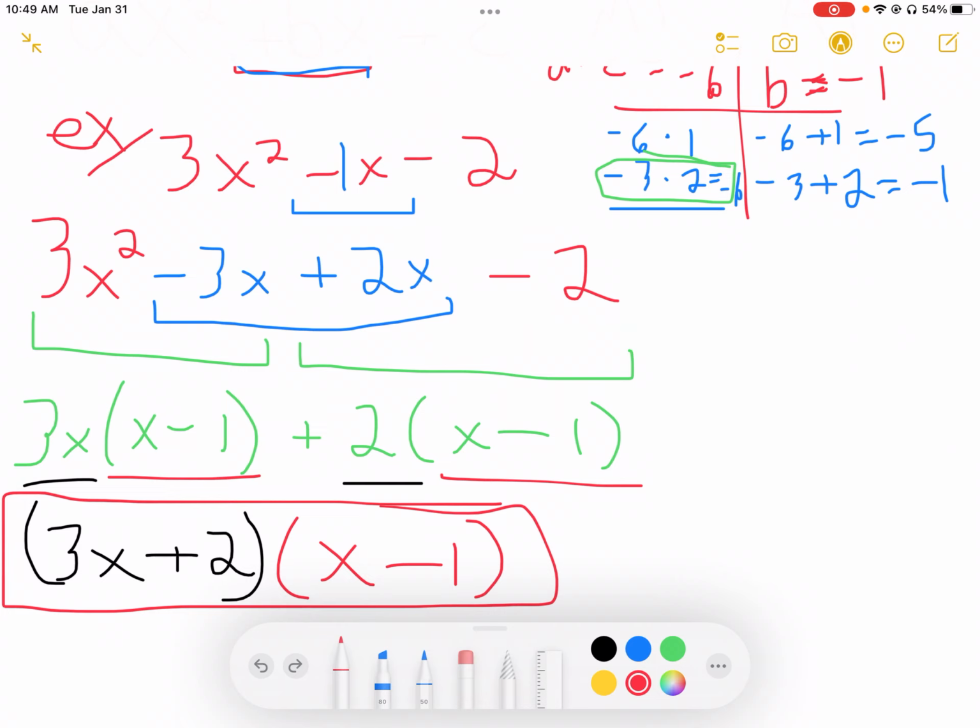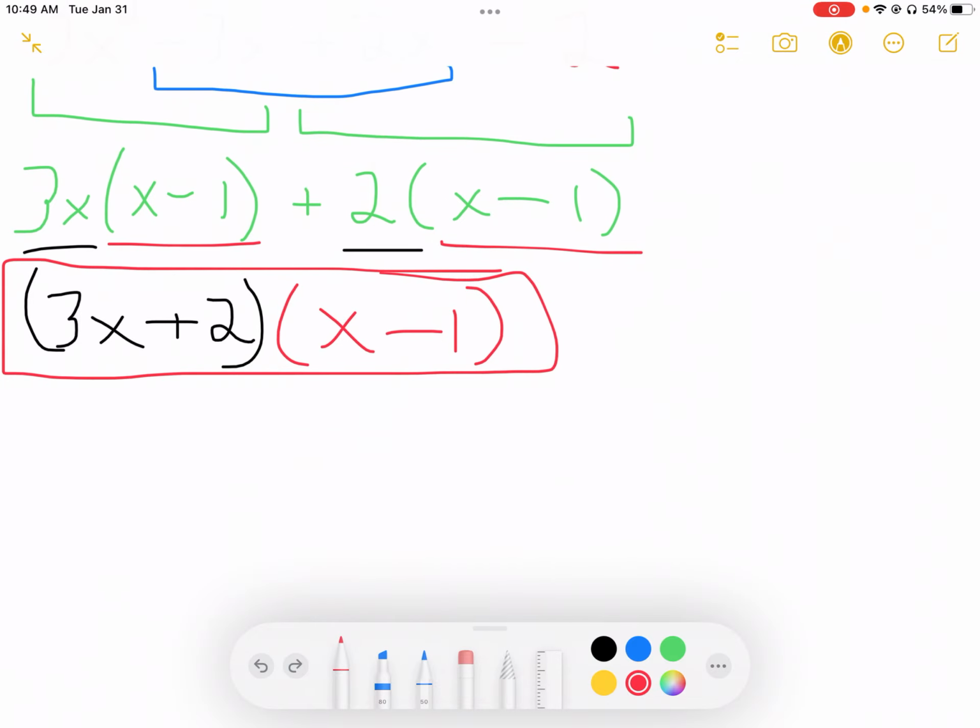So I don't know exactly what to say here, but let's just say we had something written more like 2x squared plus 2x plus x plus 1. Okay. I don't think you have this. Yeah, you don't have this on your paper there.